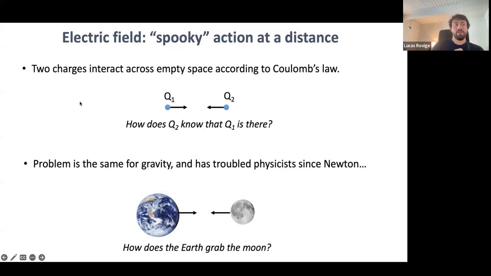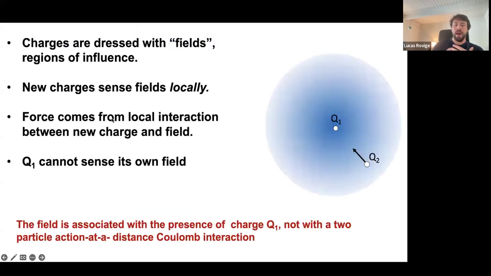The way we explain this is by saying that these electric charges are actually dressed with what we call fields, which is a region of influence. And these fields are actually defined everywhere in space. So in the whole space, this charge has this field of influence.